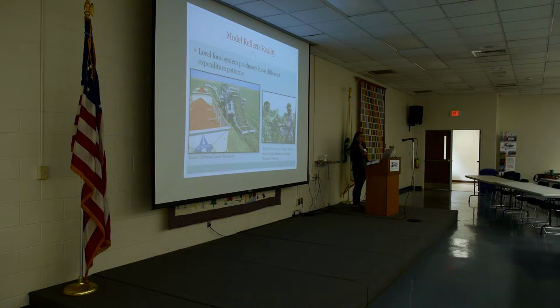What do we notice about that picture? Mechanized, right? On the right, we have a farm that is operating on a different scale. What are they doing there? Hand harvesting, right? So what each of these farms require in terms of inputs is going to be very different.